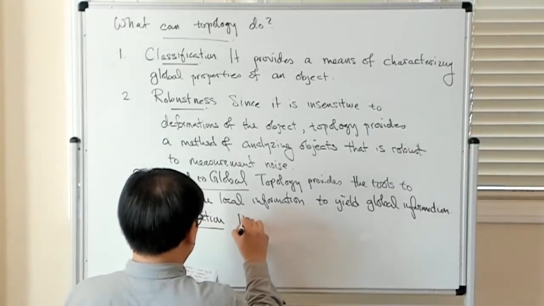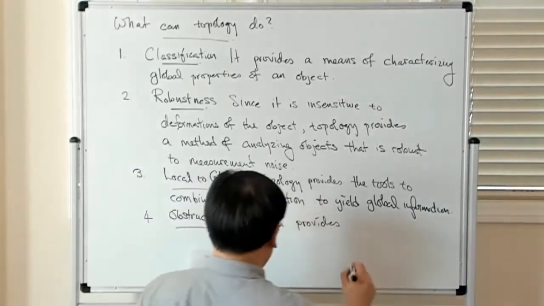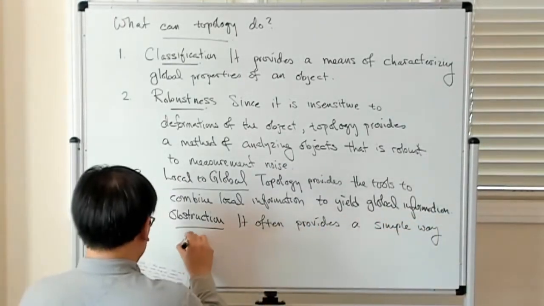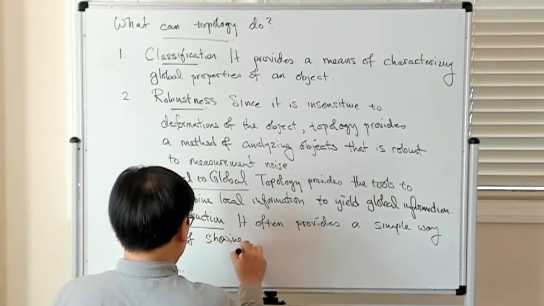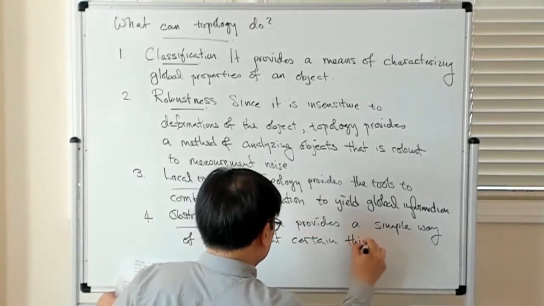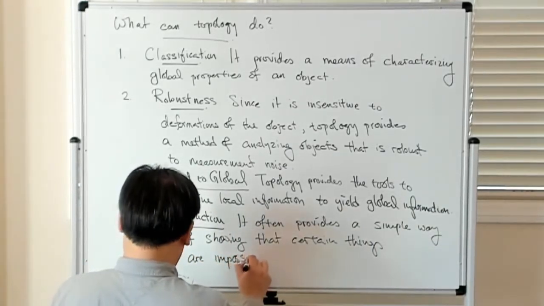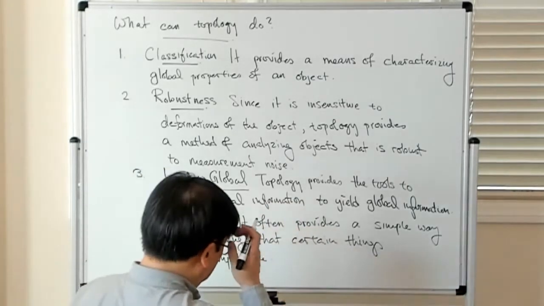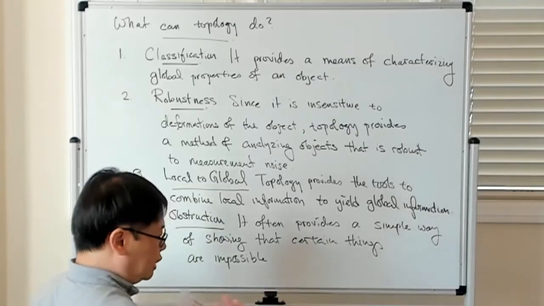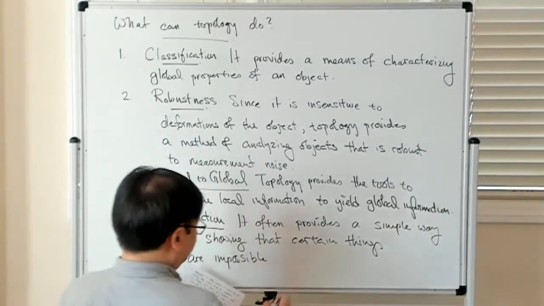Perhaps one of the most well-known examples of something which can be proven using topological obstruction techniques is the hairy ball theorem.